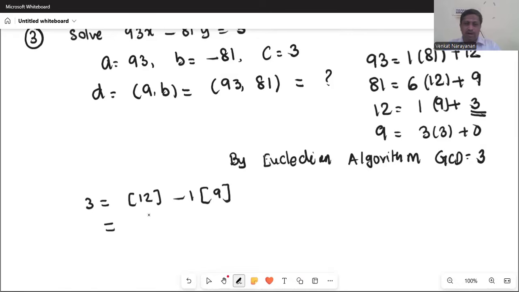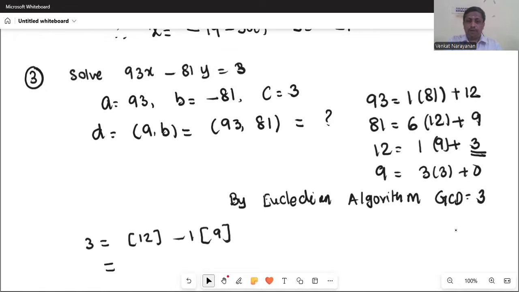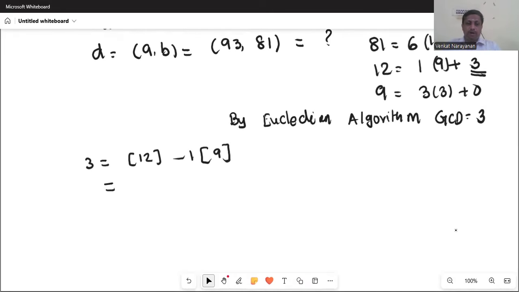Now, this 12 can be written as, what is the way? 9 is 81 minus 6 times 12. So we can rewrite this: 12 minus 1 times 9, where 9 can be written as 81 minus 6 times 12.